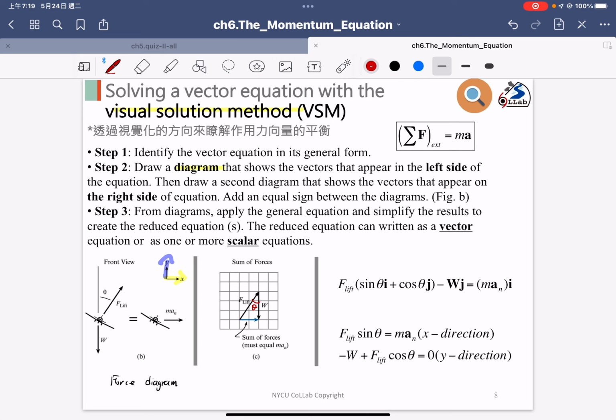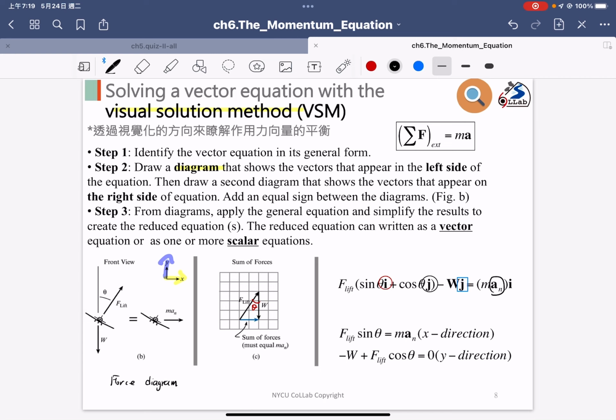So we will use sine theta related to the i direction, which is x, and cosine theta related to the j direction. And we have the additional force contributed by the airplane weight, so we have an additional weight in the j direction. And then finally, we only have the acceleration term a_N, so we have the a_N acceleration for the airplane particle in the i direction.